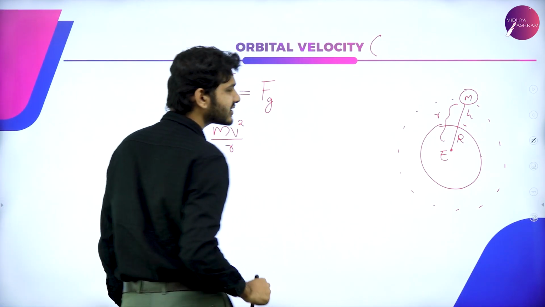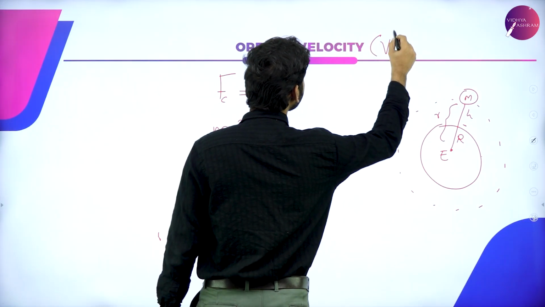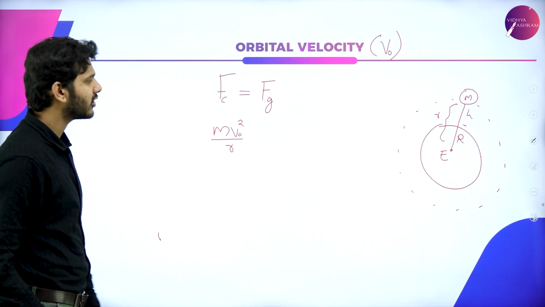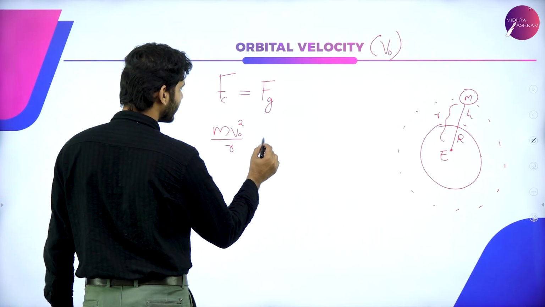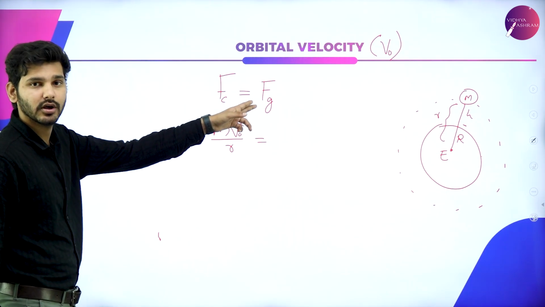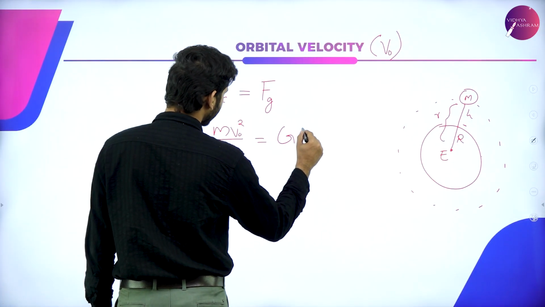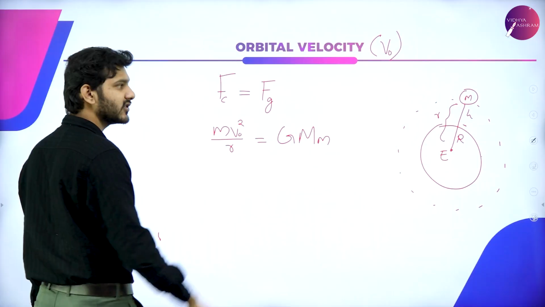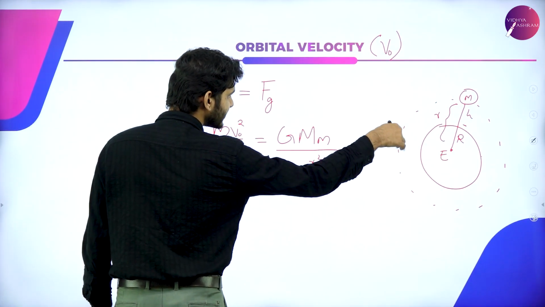Since we used VE for escape velocity, I am going to use V0 for orbital velocity. So let V0 be the orbital velocity, and m is the mass of the revolving satellite. This will be equal to Newton's universal law of gravitation, that is G capital M, the mass of the planet, into small m, the mass of the satellite, divided by r square.